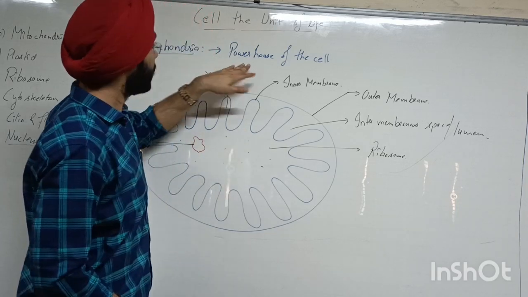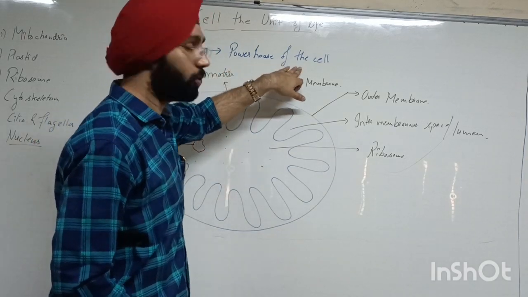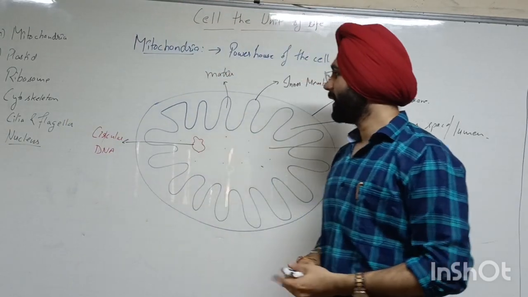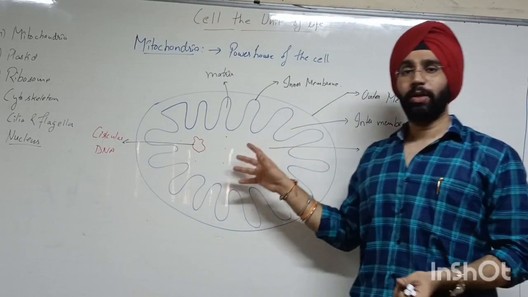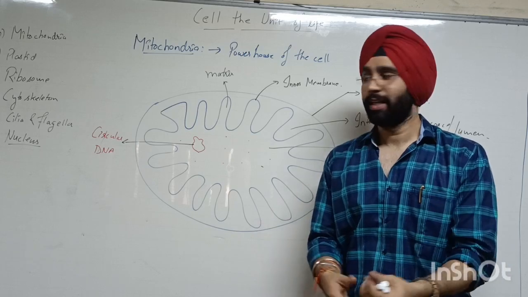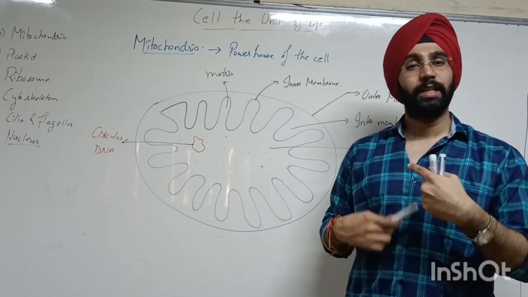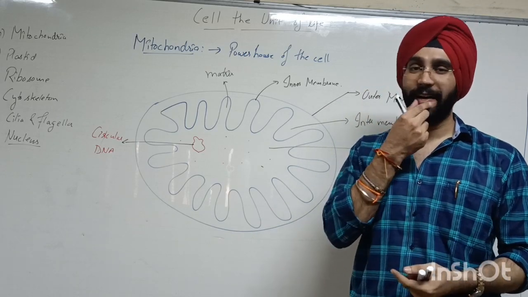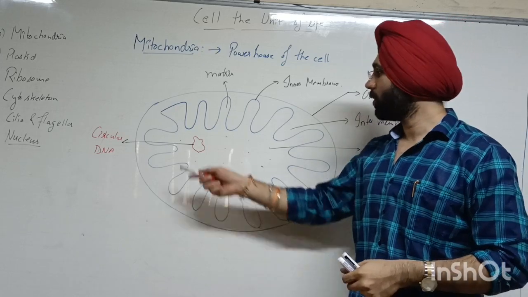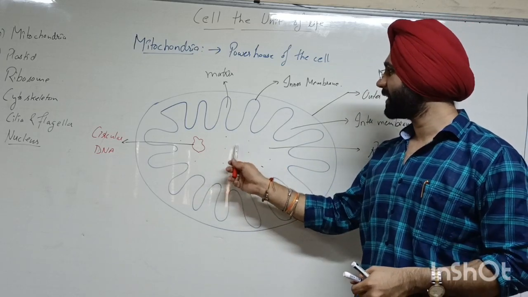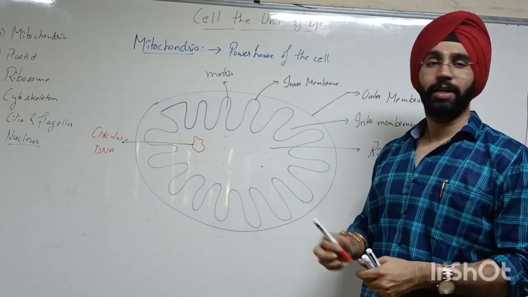I have already explained this to you. The mitochondria is the powerhouse of the cell, so the basic work of mitochondria is to generate power for the cell. That power is generated by chemical reactions, and all the chemical reactions occur inside the matrix of the mitochondria.